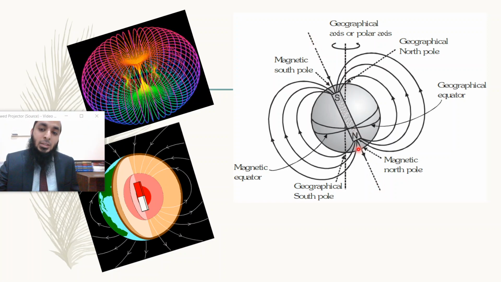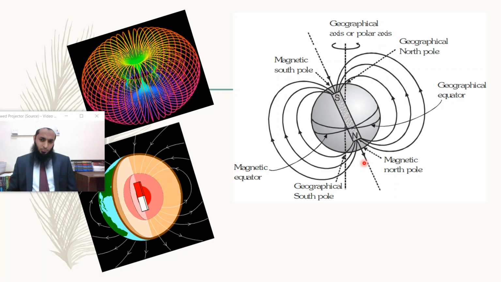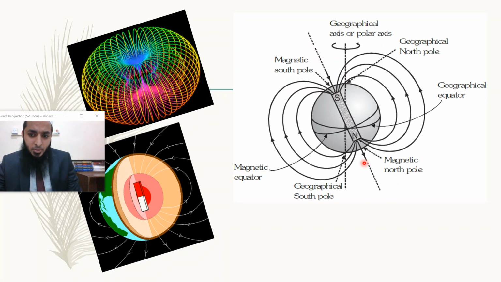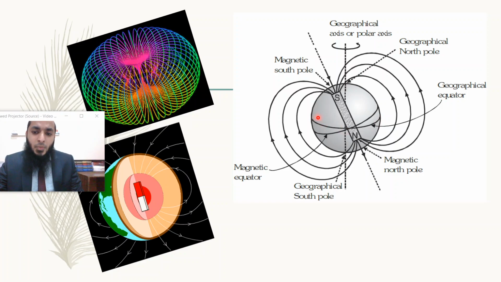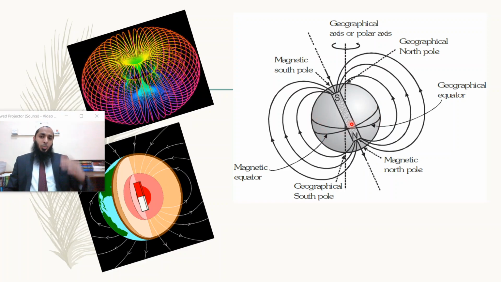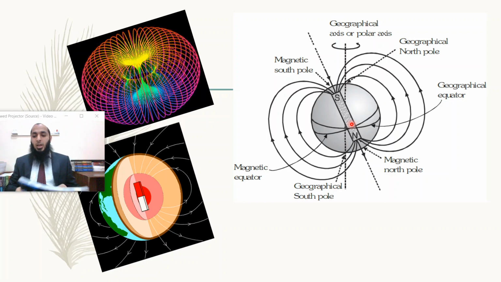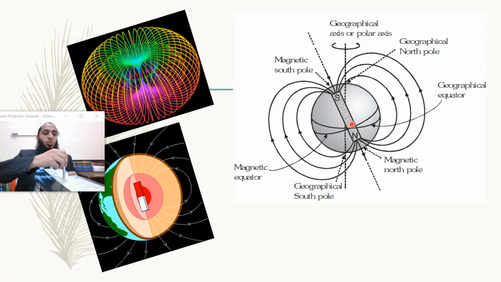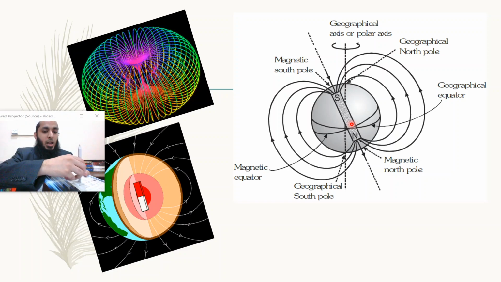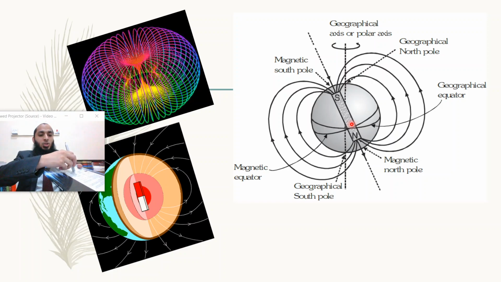This is magnetic axis. Now, two more definitions here: geographical equator and magnetic equator. What are they? Suppose you take the geographical axis, and there is a plane perpendicular to the geographic axis.